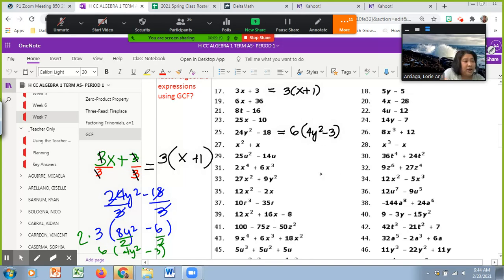Okay, let's try number 29. 25u squared minus 14u. Do 25 and 14 have a common factor, or is it just 1?